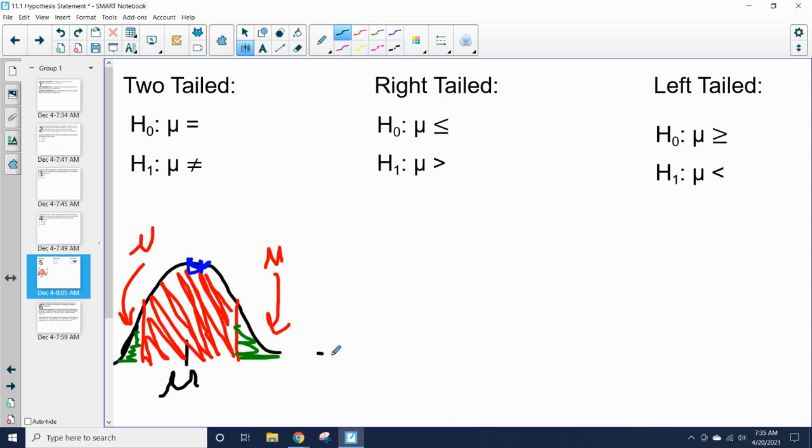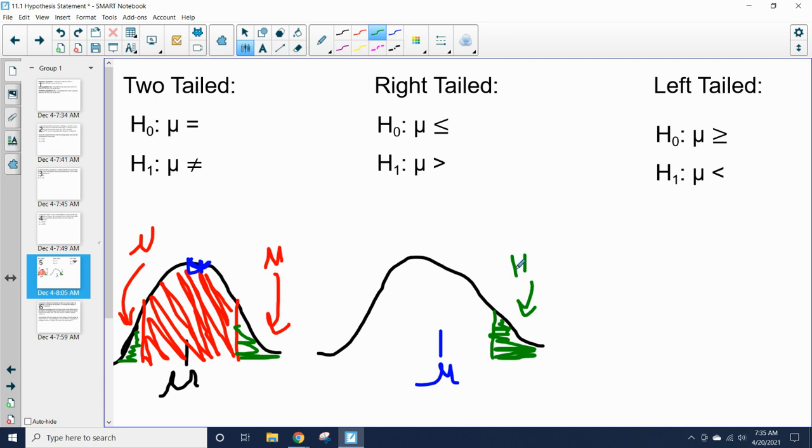A right-tailed test is similar. I know that my mean is in the middle, and I'm trying to show that the alternative hypothesis is going to be greater than. So there's a region above this mean that I'm hoping to find with my alternative hypothesis. I'm hoping the mean of my research shows up in this section and not in my normal red section.